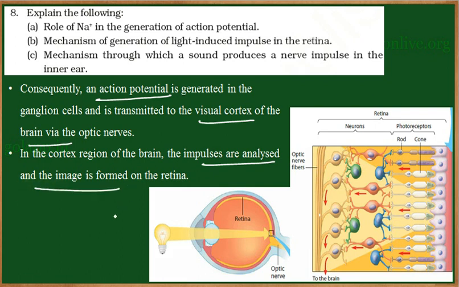So this is how the impulse is generated in the retina. It mainly depends upon the protein present in the cone cells and the rod cells. When this protein structure gets altered, it leads to the formation of action potential which will be transported.